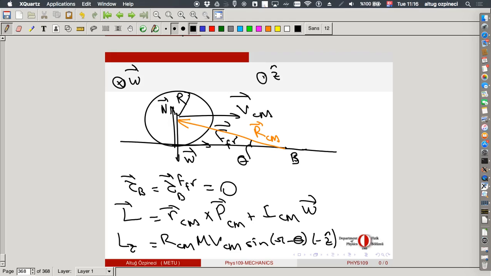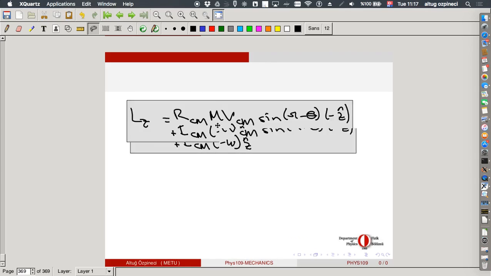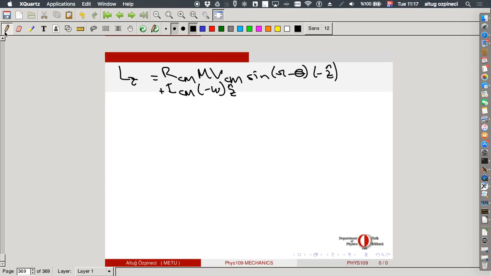So what is now this term? Omega is in the minus z direction also. So if we just add plus I center of mass times minus omega in the z direction, or omega in the minus z direction. So this is the total angular momentum of my system. Oh, sorry.